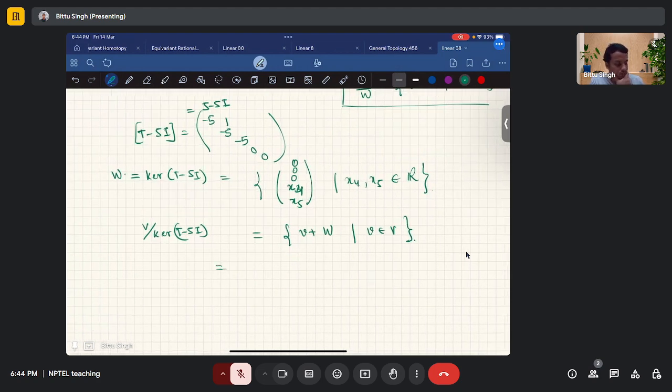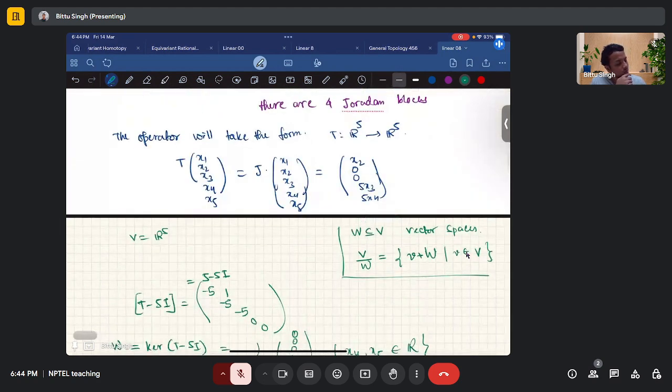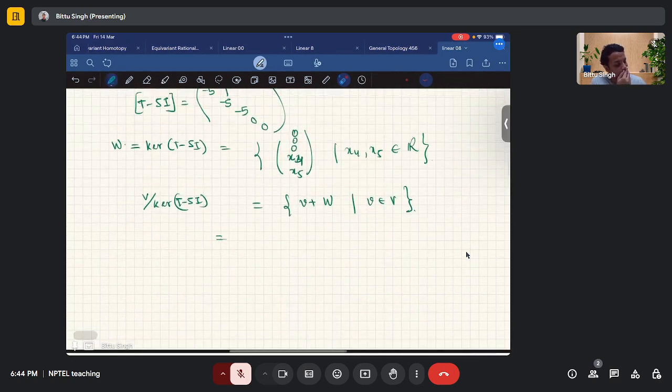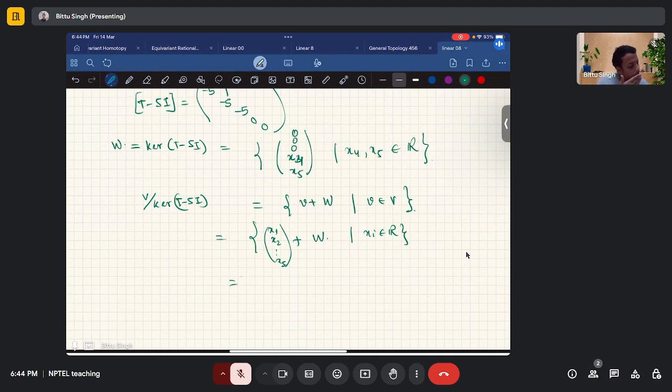And now our V means all those 5-tuples. V contains all those 5-tuples, right? So explicitly, if we write x1, x2 up to x5 plus W, it will consist of those kinds of vectors, where each xi belongs to R. But we can see there are only 3 representatives which are linearly independent.